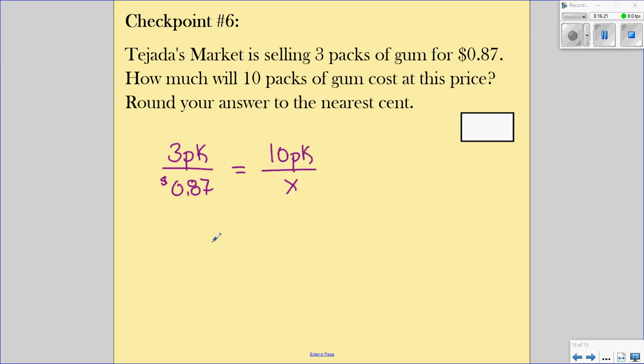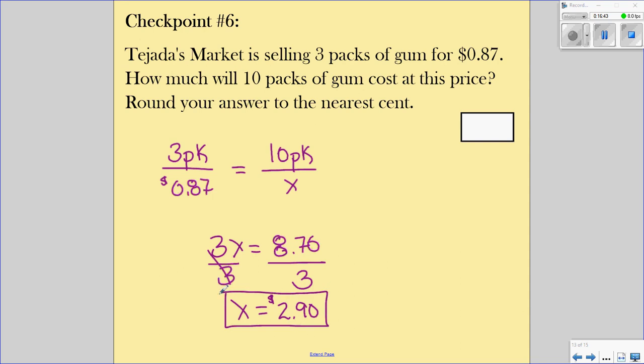Once you set up correctly, then you cross multiply. So this will be 870 divided by 3, and 870 divided by 3 gives you $2.90. Well, we don't need to round everything. We're good. So it's $2.90.